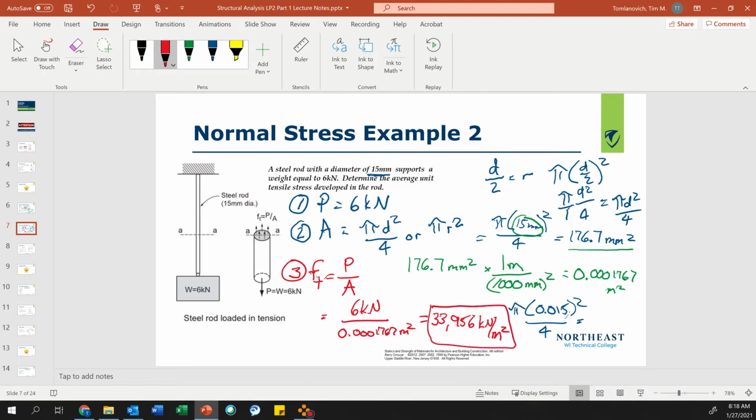That is the tensile stress in my steel rod.